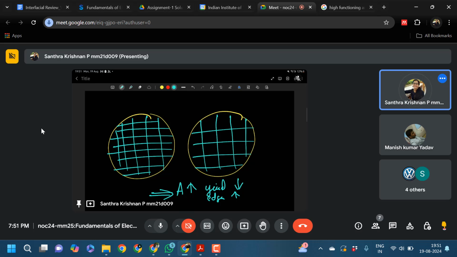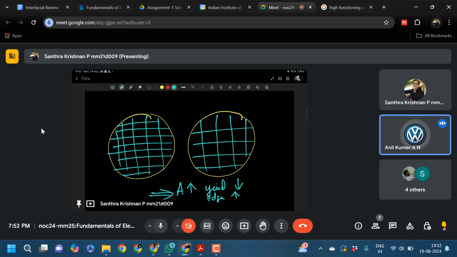If you increase the die size, then edge dies should increase, I think. Like comparatively, they are telling.